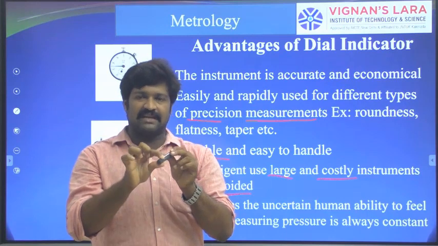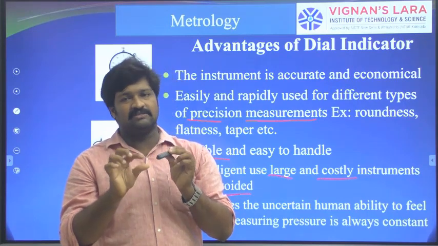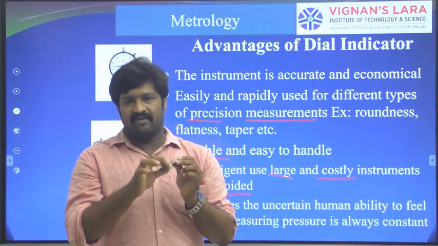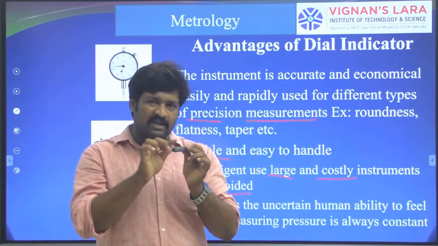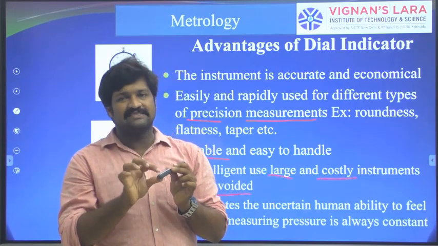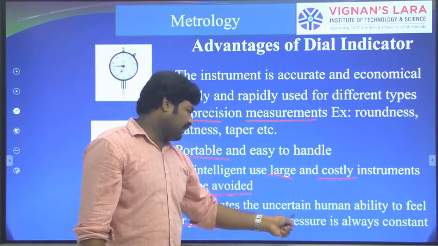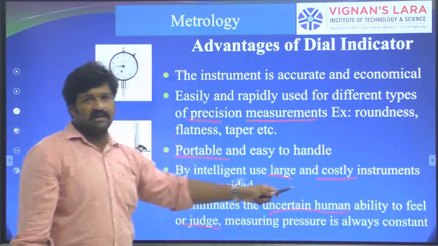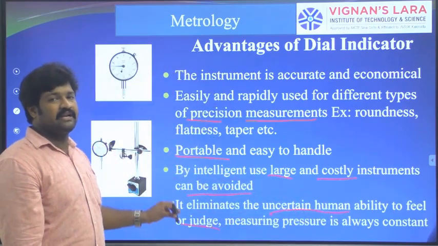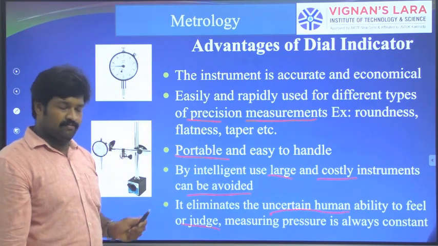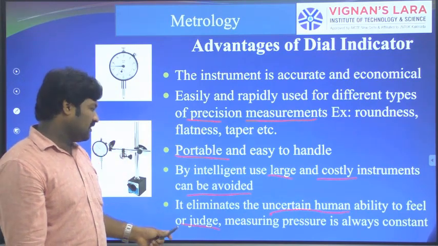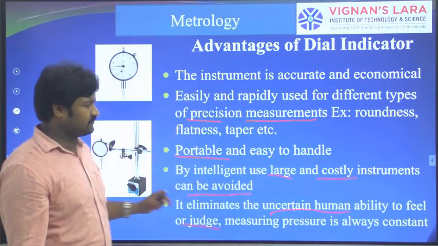After a certain time, if this component wears, a human is not able to detect that wear, because only minute wear takes place. Those variations cannot be identified by a human. Those can be easily identified by means of these dial indicators. Measuring pressure is always constant.